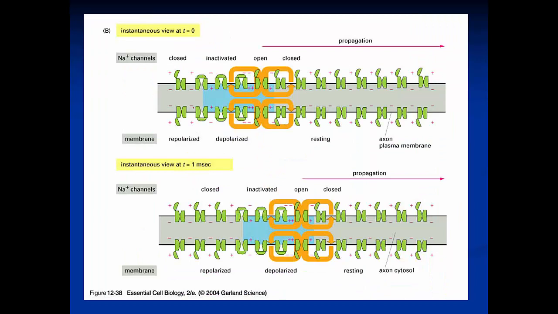Here's another view. Remember, when we're talking about voltage-gated sodium channels, I want you to think about three basic states. We can have open, we can have closed, or we can have inactivated, and here this is the same thing as refractory.